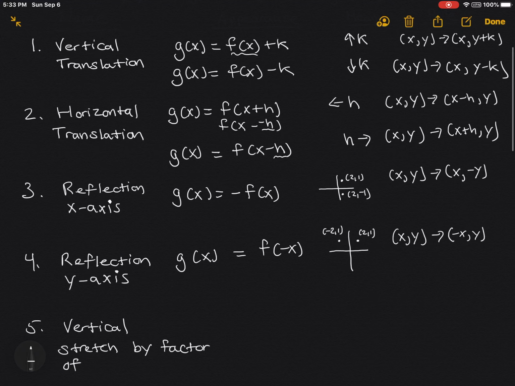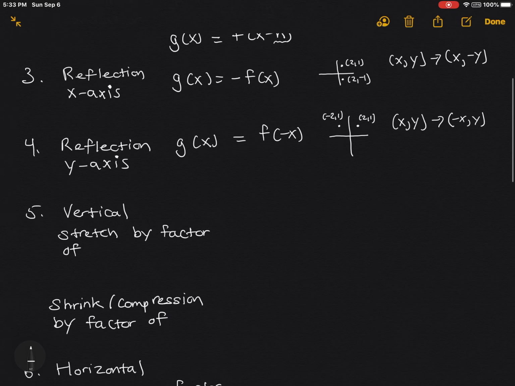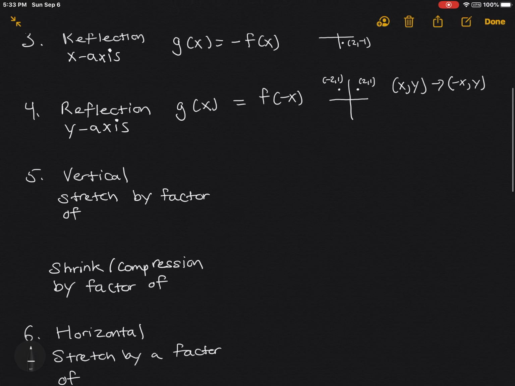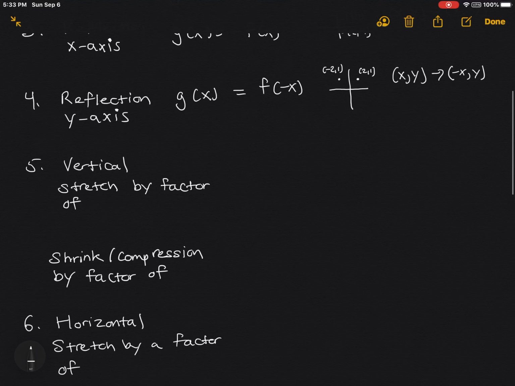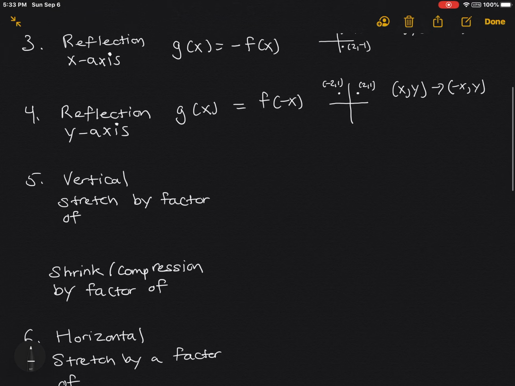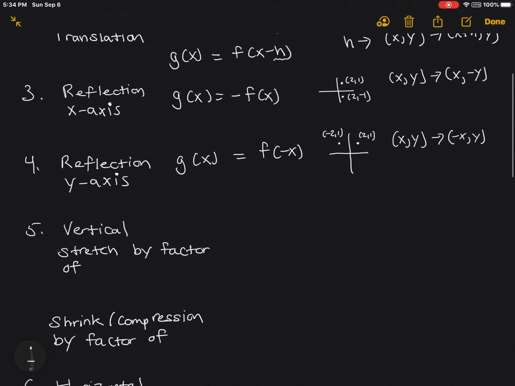Okay, numbers 1 through 4 are translations and reflections. And they don't actually change the size of your graph. But once we get to 5 and 6, horizontal and vertical stretches and shrinks, you will definitely have the size of the graph being changed. Okay, so how do I know it's a vertical stretch?